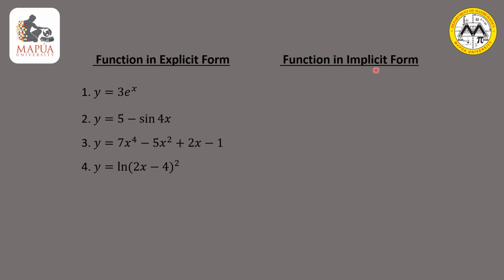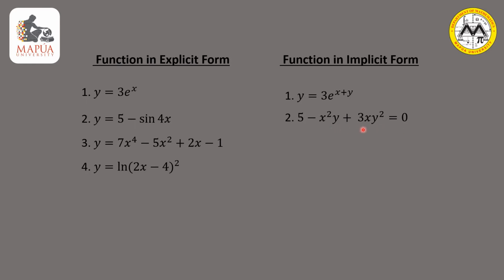Examples of functions given in the implicit form would be the following. We have y is equal to 3 times e to the x plus y. So as you can see here, we have terms that are expressed in x and y. Or we have 5 minus x squared y plus 3xy squared is equal to 0.